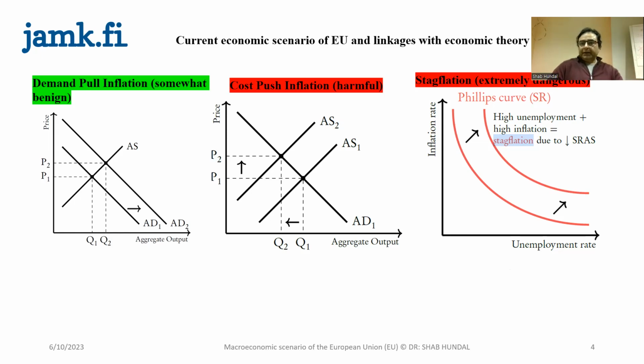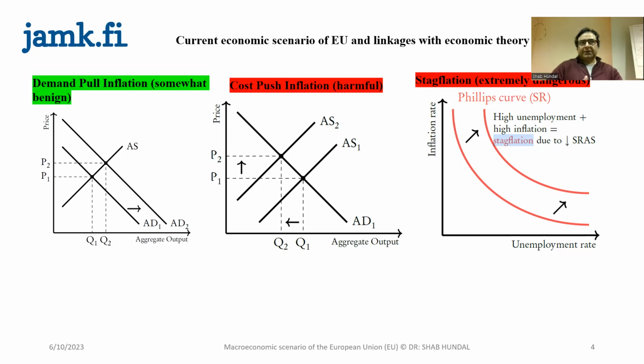Okay. And here you can see that there is a stagflation. Stagflation is exactly the thing which we were discussing, that there is a coexistence of unemployment and inflation. The traditional theory says that there is a trade-off between inflation and unemployment.